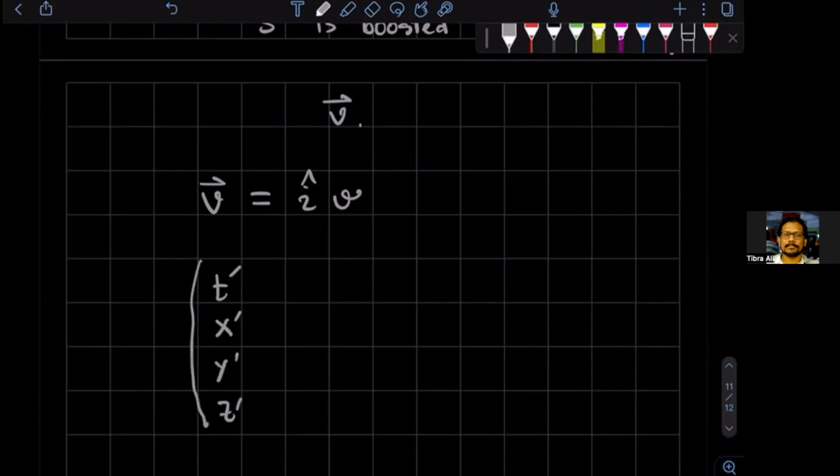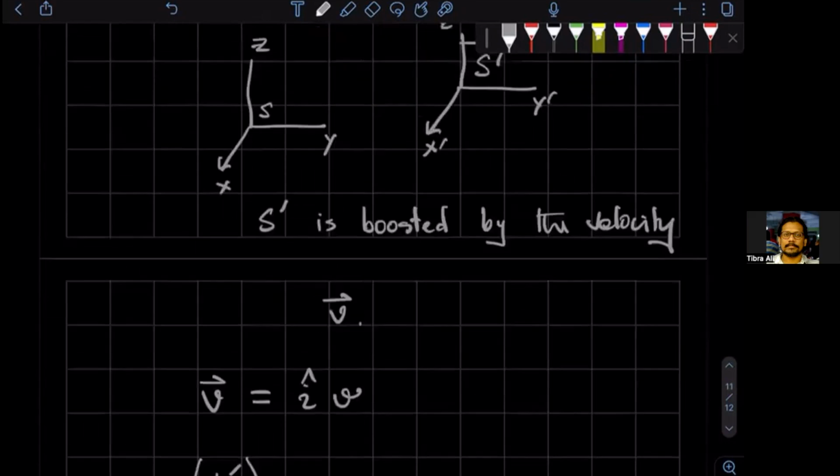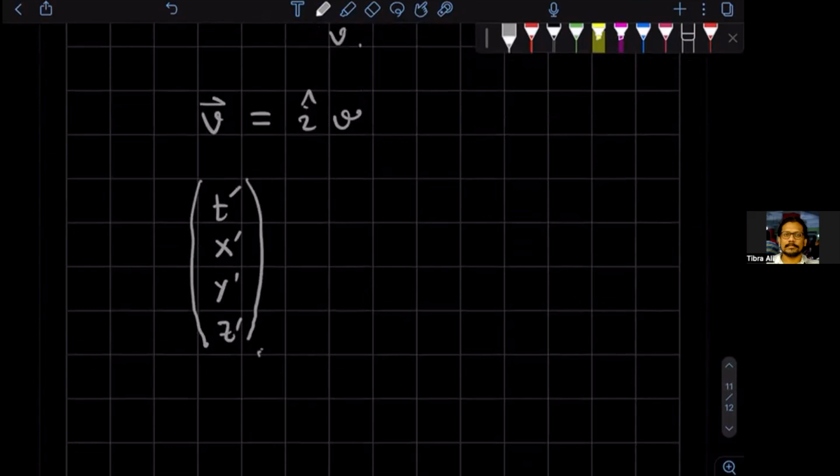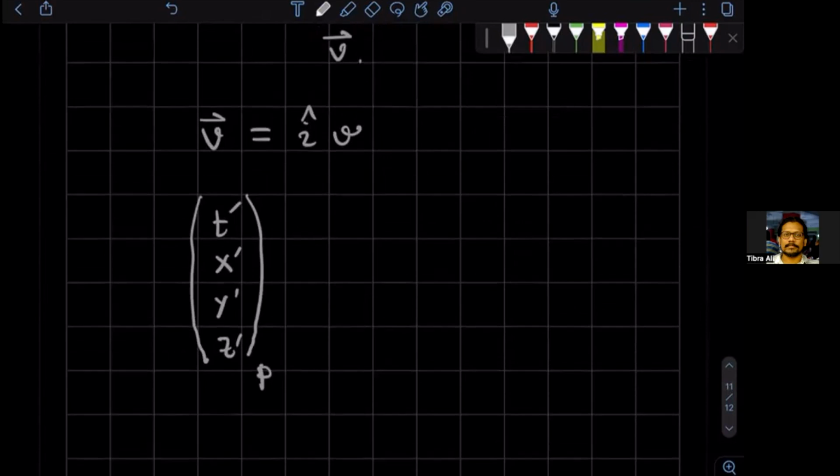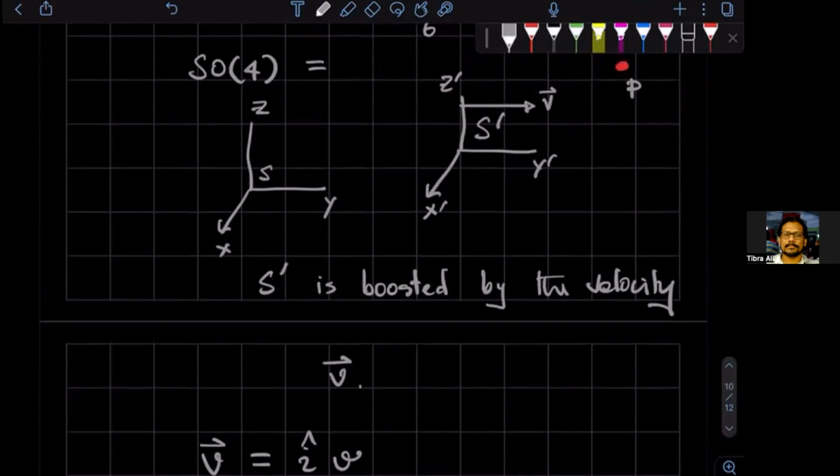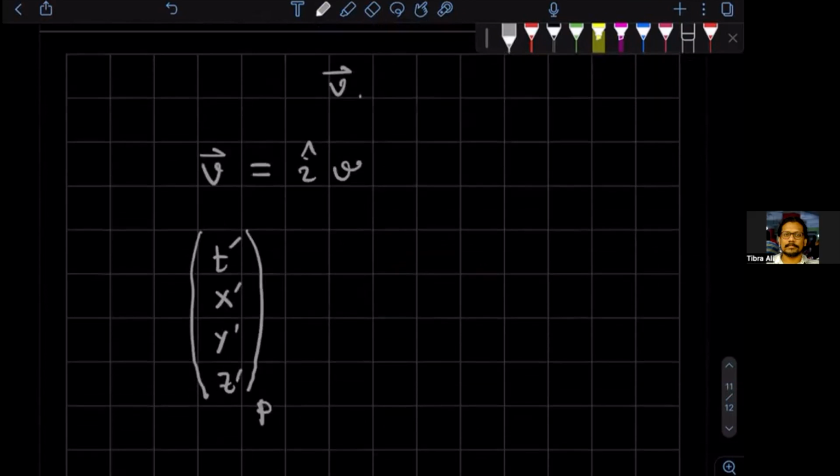These are the coordinates of this point P in reference frame S prime. This point is also going to have t, x, y, and z coordinates in reference frame S.